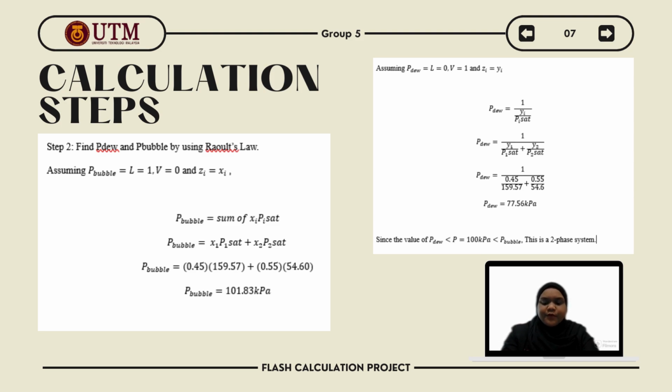For P dew, since we assume that all is vapor, V equals 1 and L equals 0, and Zi equals Yi. For P dew, we got the sum of 77.56 kPa. Since the pressure that we set, which is 100 kPa, is between 77.56 and 101.83, it is a two-phase system.